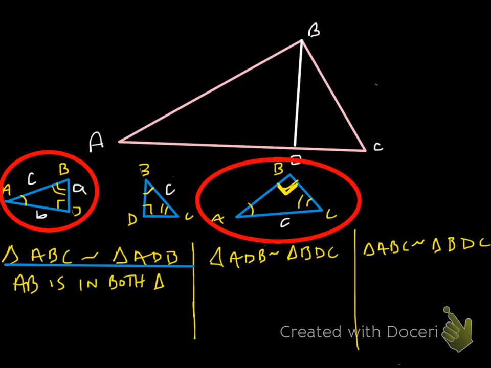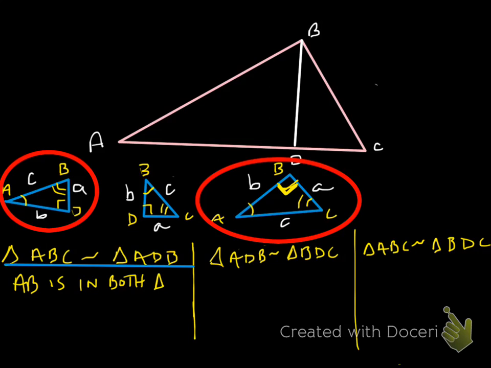Now here is the similar side, the corresponding side. And over here, across from A is the corresponding side. Now in the first triangle, across from the B angle is that little b. But on this one, it's going to be across from the C, because those are the congruent angles, right? And then across from angle C, again over here, is going to be that little b. Okay, now if you look closely at those, you're going to see how they match up.